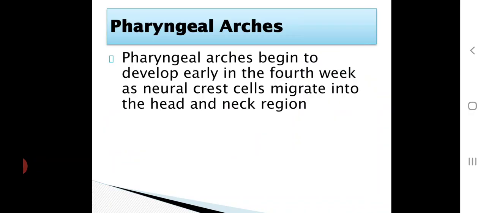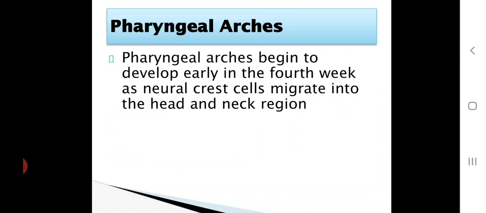Pharyngeal arches, how do they develop? They develop early in the fourth week, mainly because of the neural crest cells. We have learnt that neural crest cells are the cells which are formed at the margins of the ectoderm when it gives rise to the neural tube development.